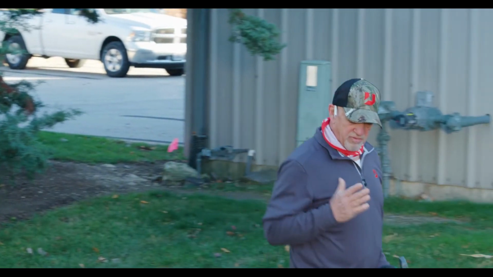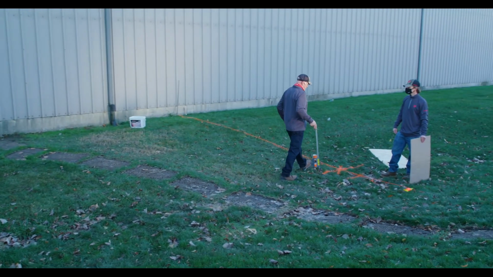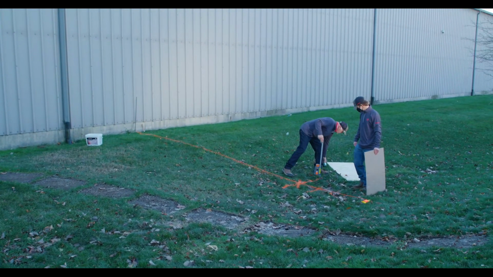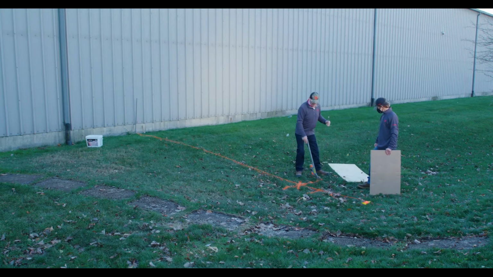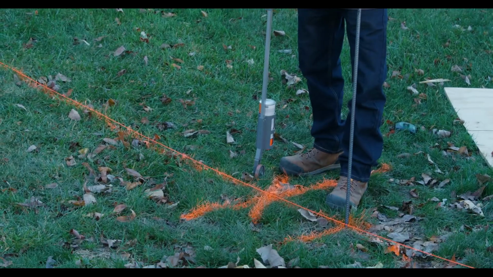Okay, now we want to develop that line. This is going to be a line that we're going to take measurements to be able to achieve the outside range of that patio. So to achieve that, we're again going to drive our stake in at that 21 foot.